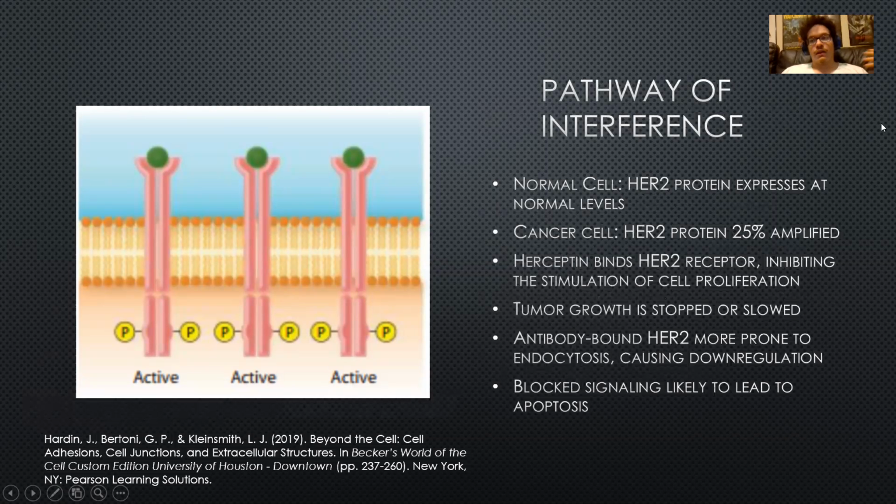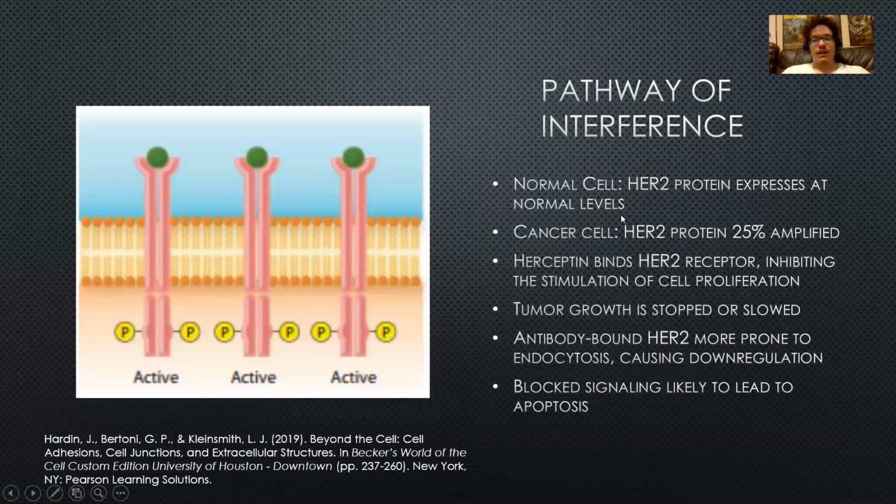As a result, the cell is able to pick up more growth signals, and that leads to uncontrolled cell growth and cell proliferation. Now, what happens when the Herceptin antibody binds to the HER2 receptor is that it inhibits it from receiving the cell signal when it needs to proliferate, causing a slowdown or even stopping cell growth and proliferation in general.